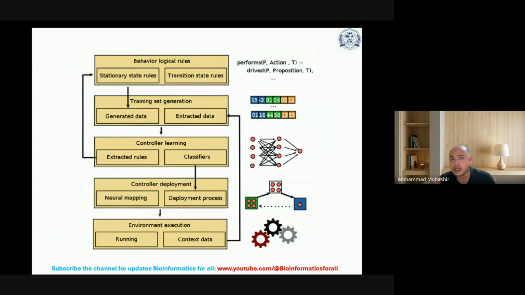Now, the architecture of artificial neural network could look like the summary of this picture. Here it shows how it could work. For example, behavior, logical rules, training set generation, controller learning, then controller development, deployment, and environmental execution.